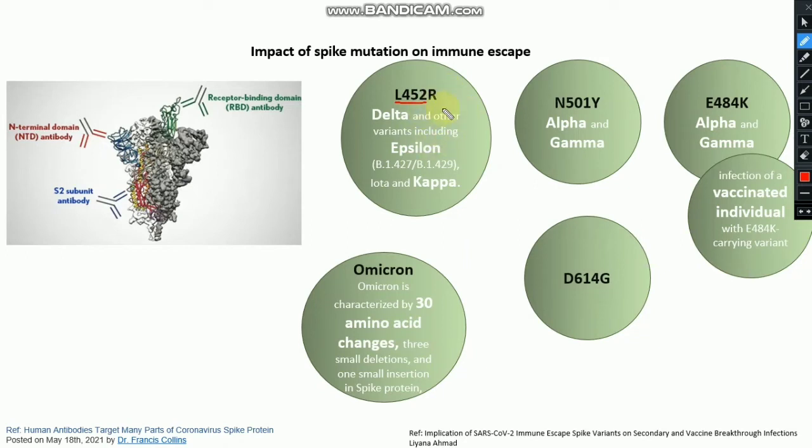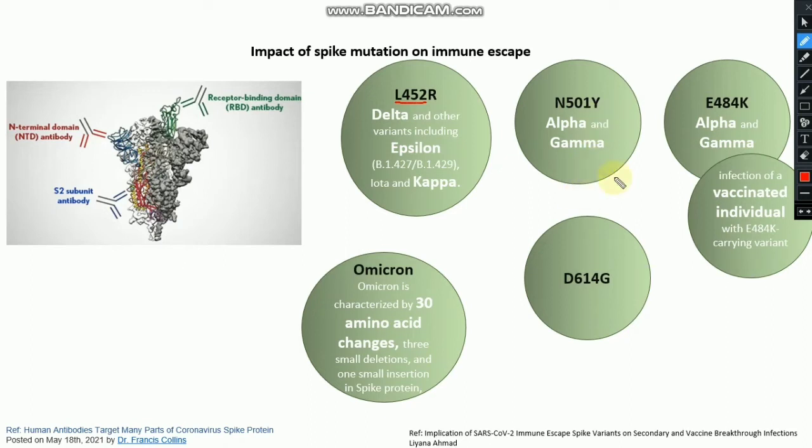These are very common mutations. Also the N501Y mutation is observed in alpha and gamma variants, and this mutation reduces the virus sensitivity to monoclonal antibody and vaccine.